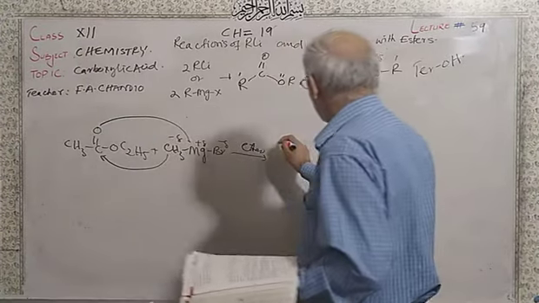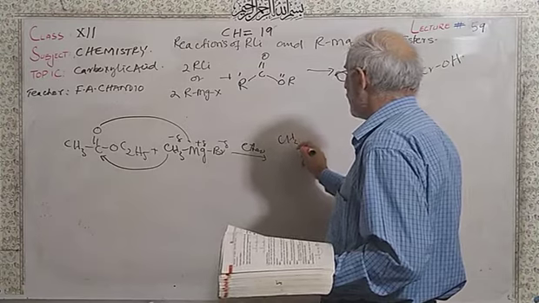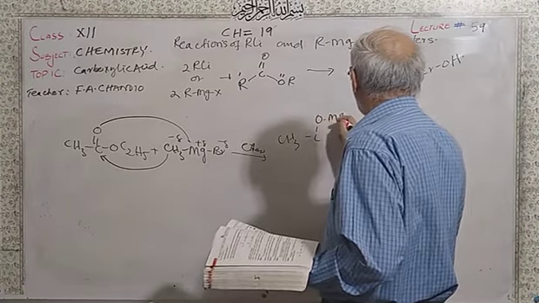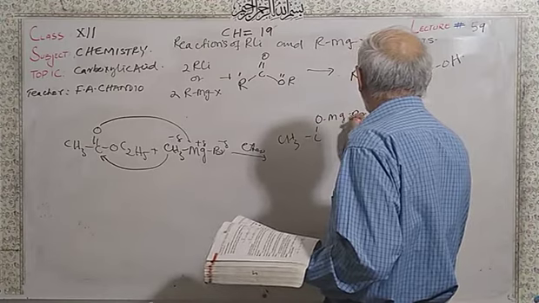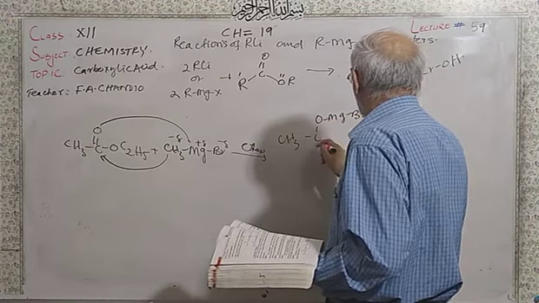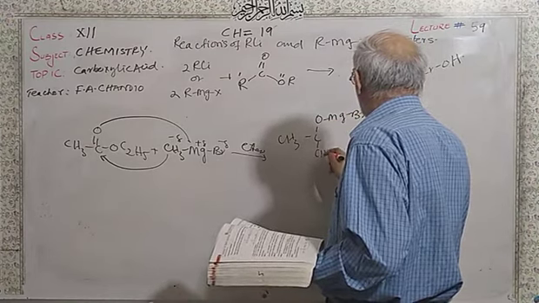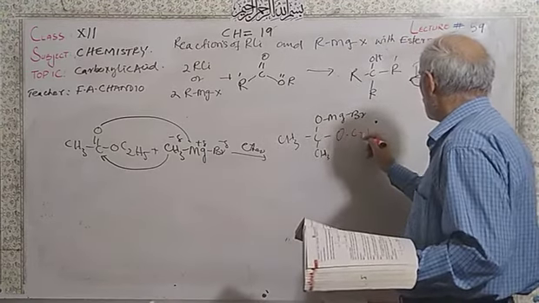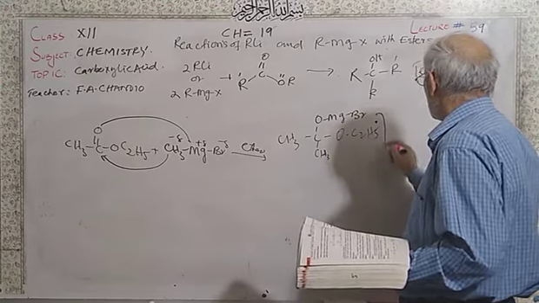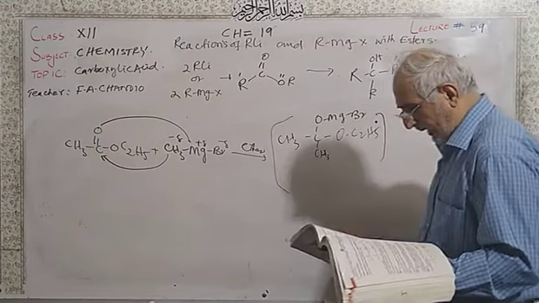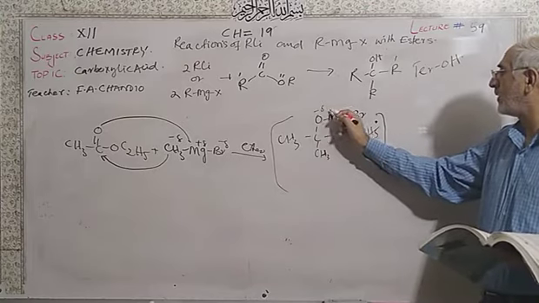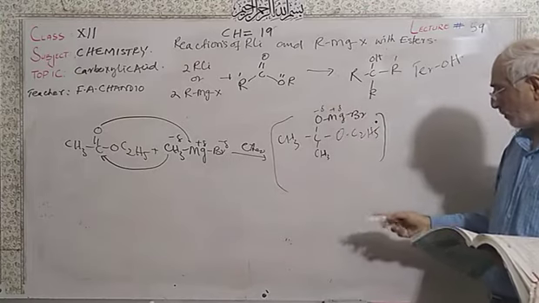So I will write here CH3CO magnesium bromide complex is going to be formed here. This is the intermediate complex, with negative and partial positive.